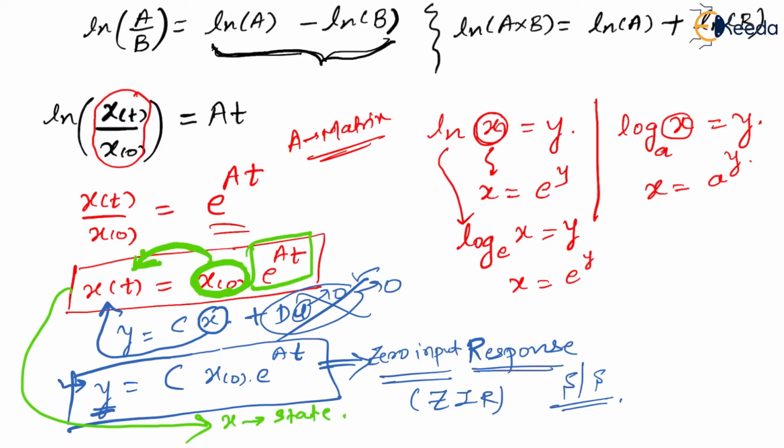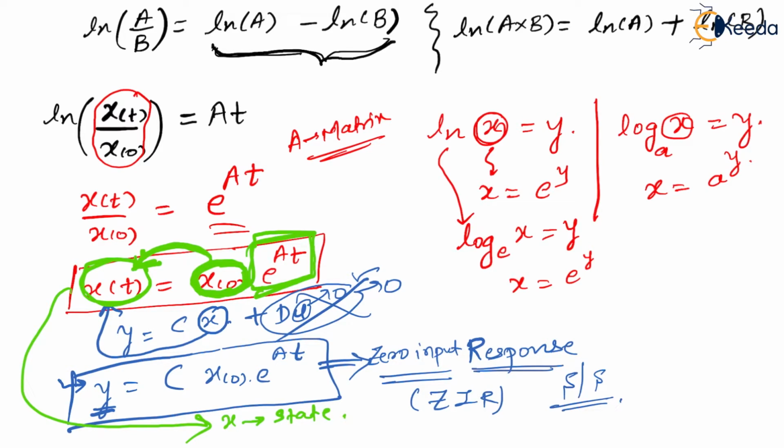Or I can also say how the initial value of my state is transformed or transmitted from initial value to some value at time t through some matrix e raised to At.